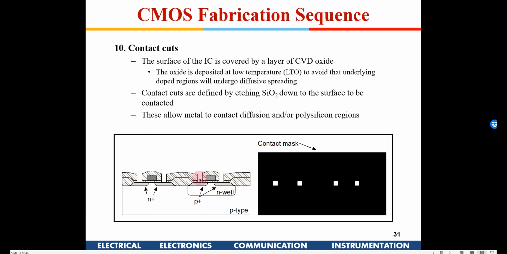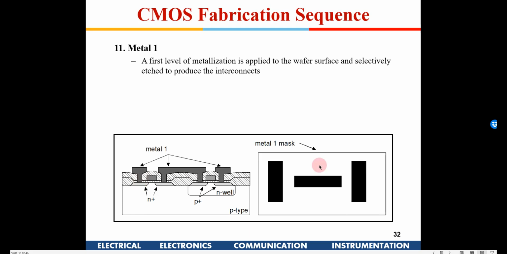Wherever I want contacts, I again cut open, and then I deposit metal, okay. Now this metal is generally deposited by chemical vapor deposition, where it is heated, and say if I have to make aluminum, some aluminum mixture with some other gas is reacted, and then aluminum starts getting deposited here, okay. So wherever there is a hole, it will get deposited, and then it will make a contact. So that is known as contact.